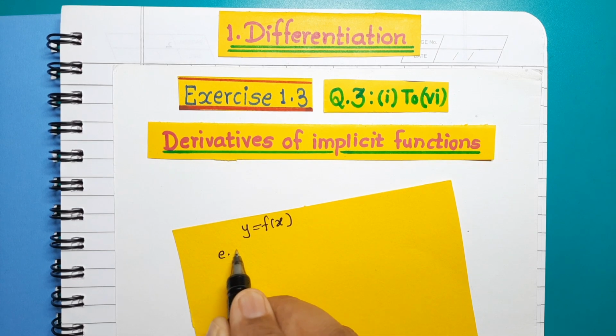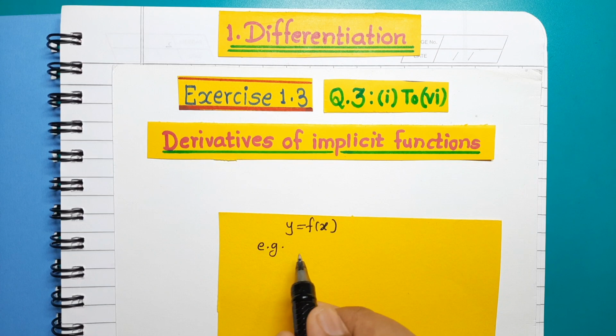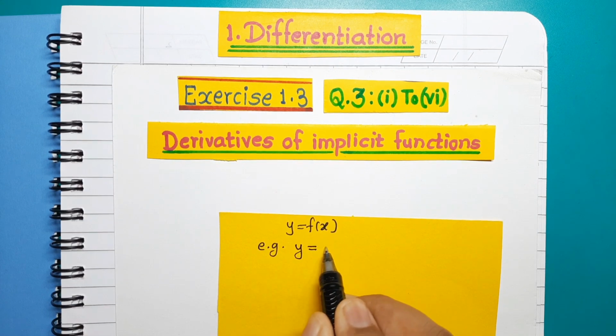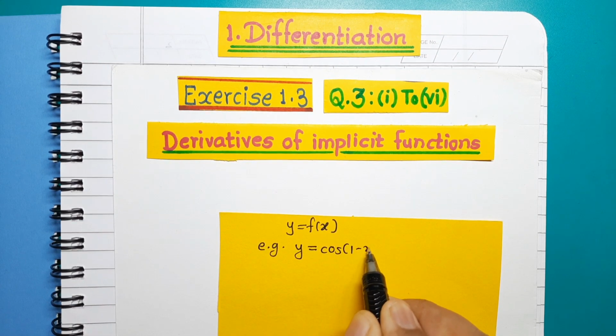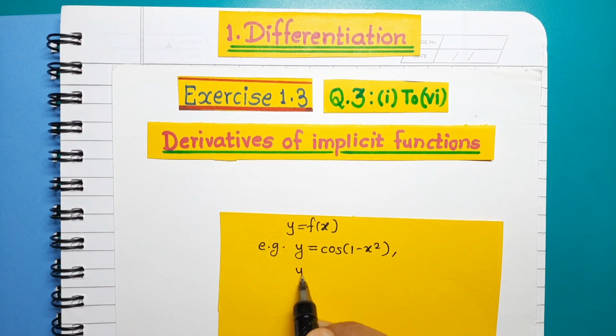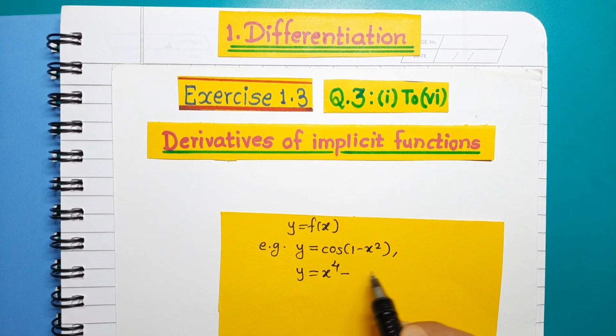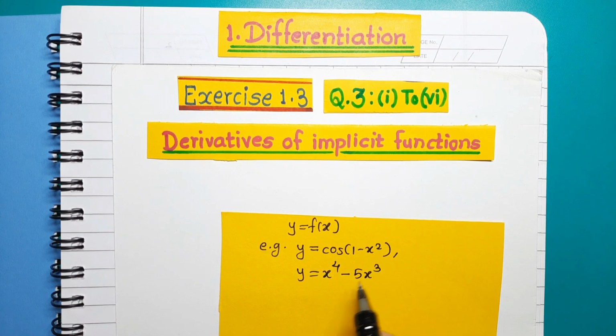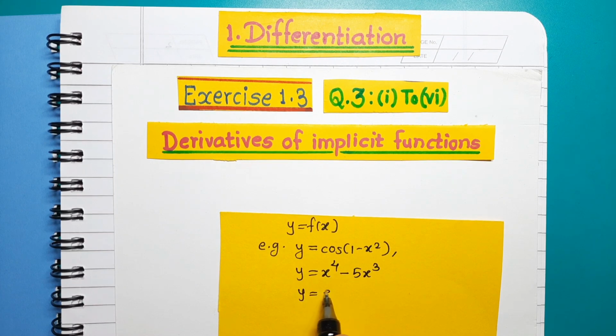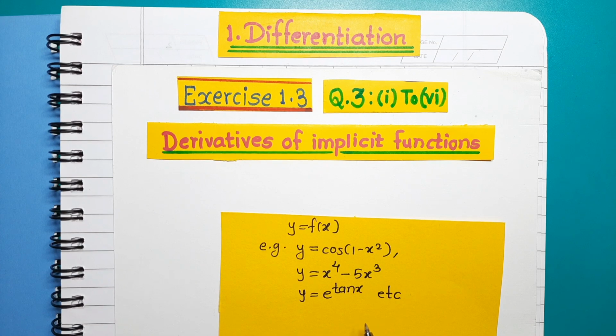For example, y is equal to cos of 1 minus x square, y is equal to x raised to 4 minus 5x cube, y is equal to e raised to tan x, and so on. Such functions are called explicit functions.